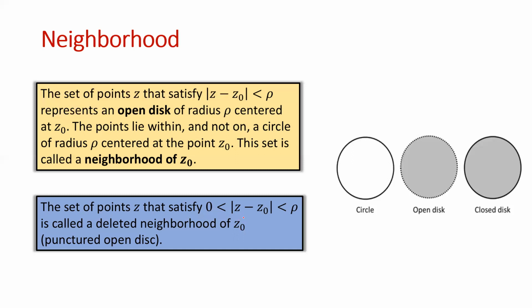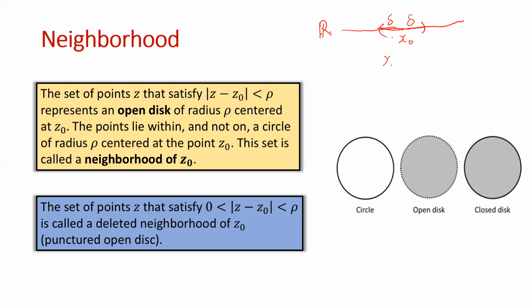Over here, if we are dealing with the real number system, or a one-dimensional system, then we have only one dimension, that is a line. If I am taking a neighborhood of the point x0, I have to take this point and this point at distance delta.